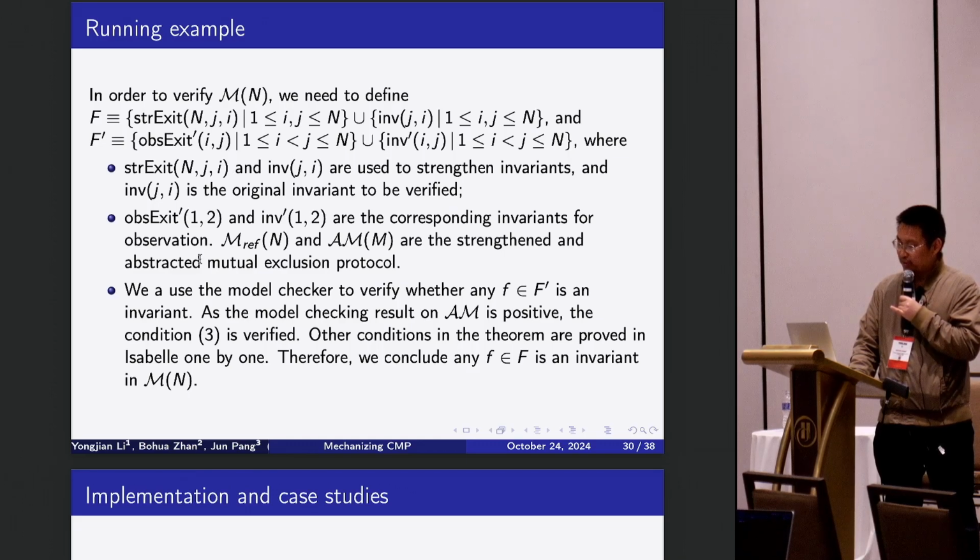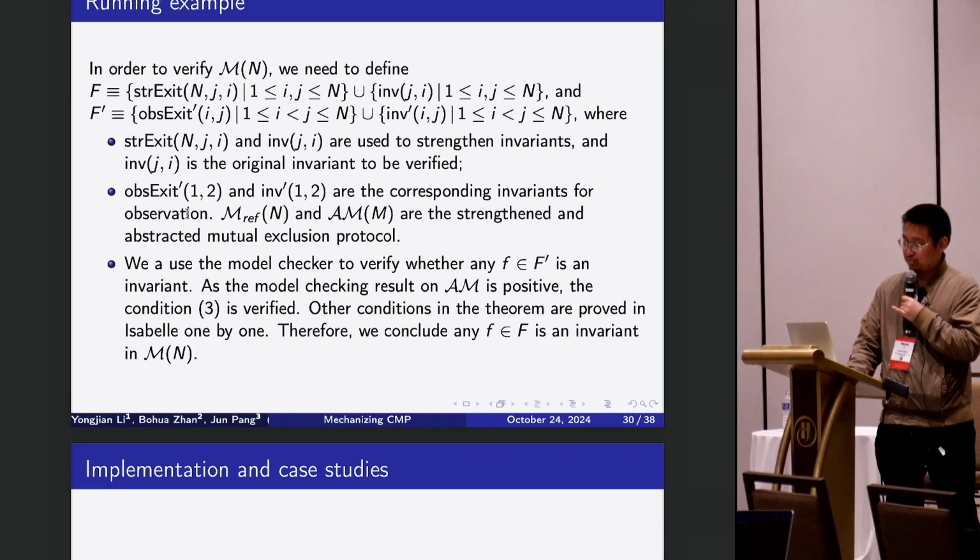Usually, if we observe that the observation invariant is correct in the abstraction model, then its counterpart, the stringent invariant, is also correct in the original parameterized model. So usually we can use a model checker to check the abstraction model.